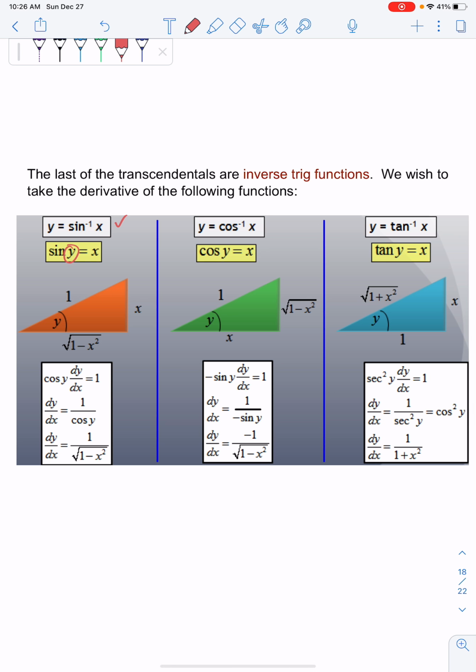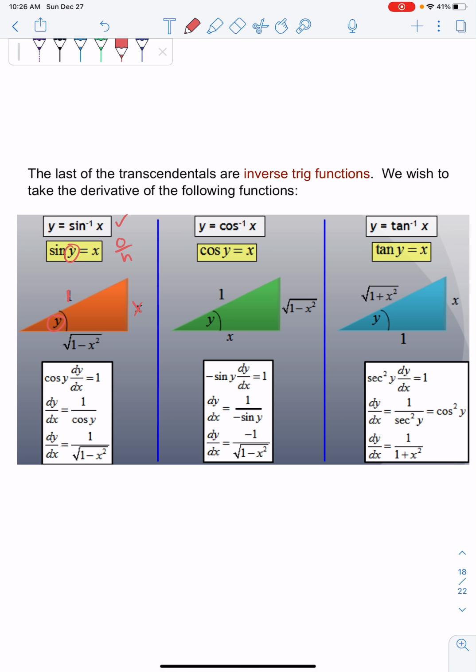So sine of some angle, right here's my angle, is equal to x, which means my opposite over hypotenuse is equal to x. So that means my opposite is x, my hypotenuse is 1. And if I use my Pythagorean theorem, I find out that my adjacent is root 1 minus x squared. So that's what the triangle is showing you. It's just showing you the picture of what's going on in this problem.